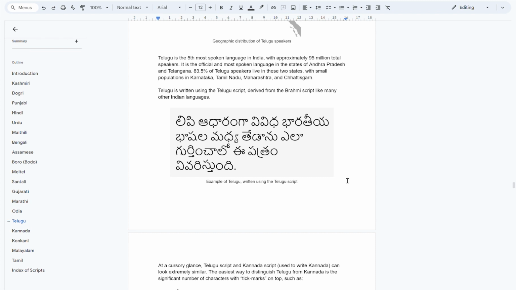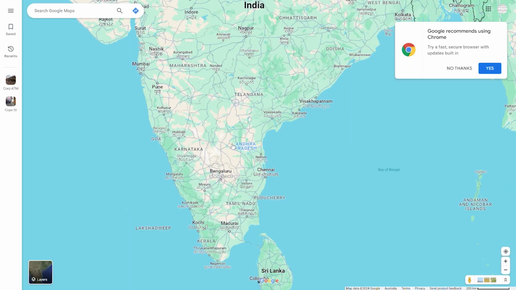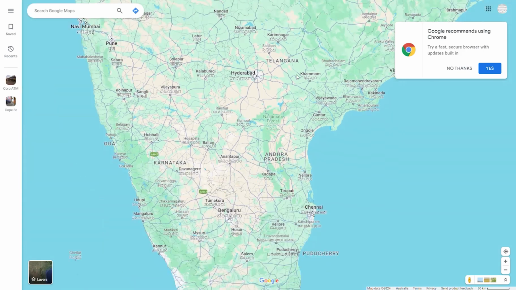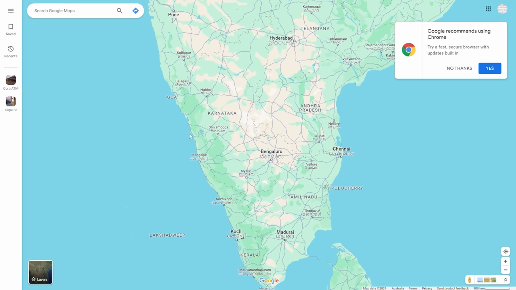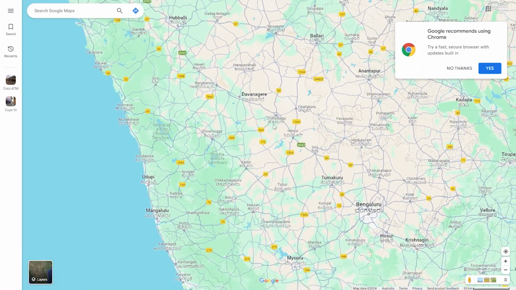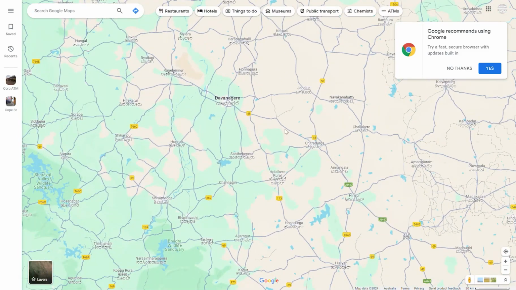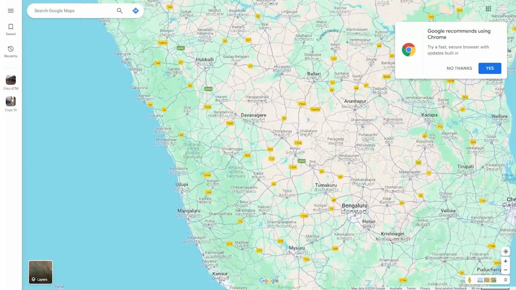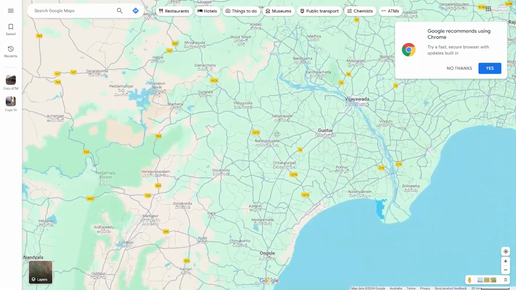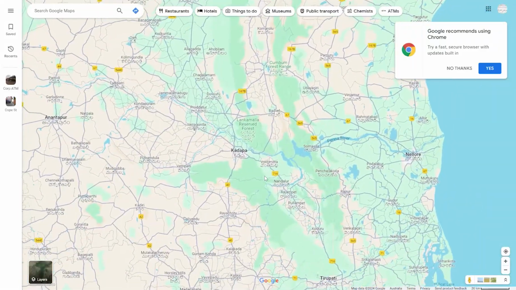Now, a lot of people have difficulty distinguishing between Telugu and Kannada. So Telugu is in Andhra Pradesh, and Kannada is spoken in Karnataka. And if I zoom in and look at the place names, you'll note that these characters here can look very similar to these ones here.